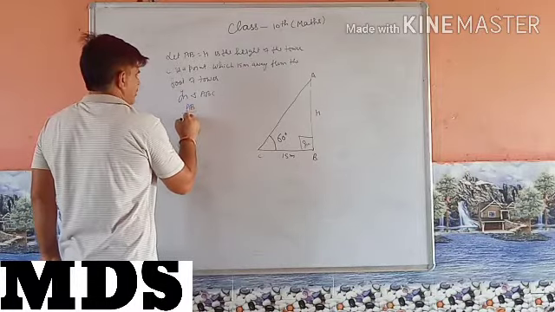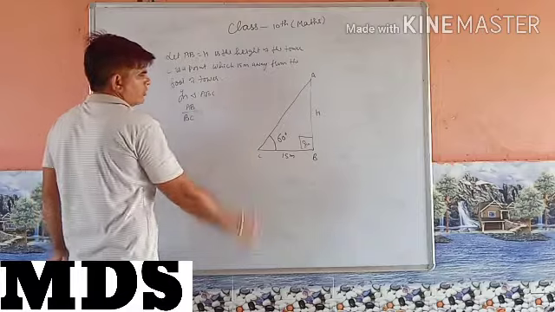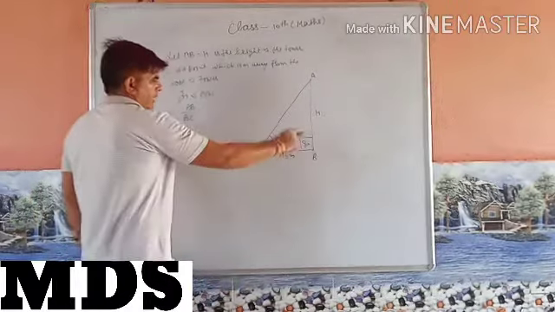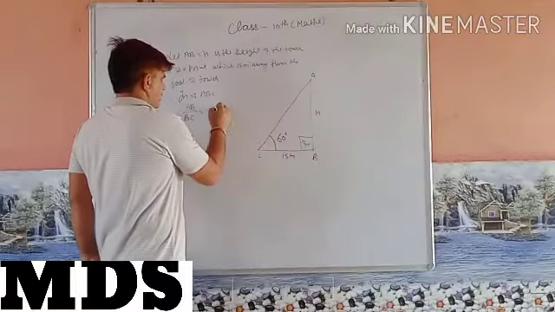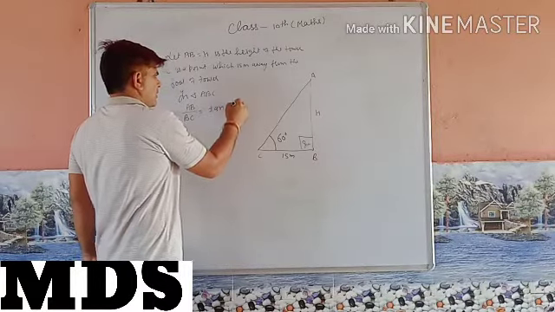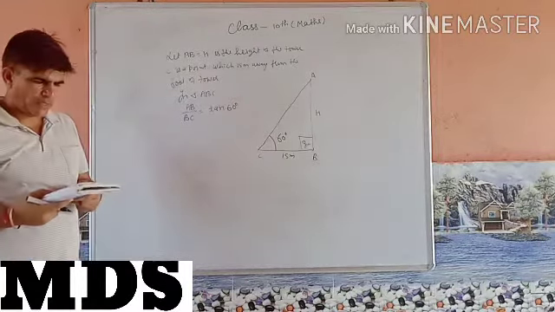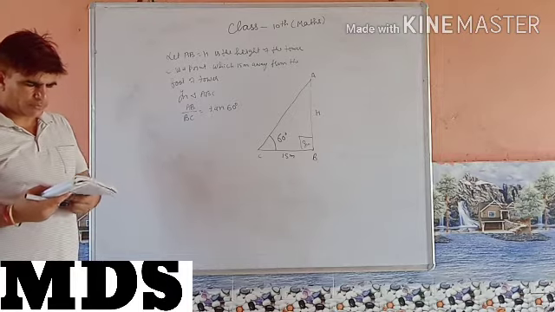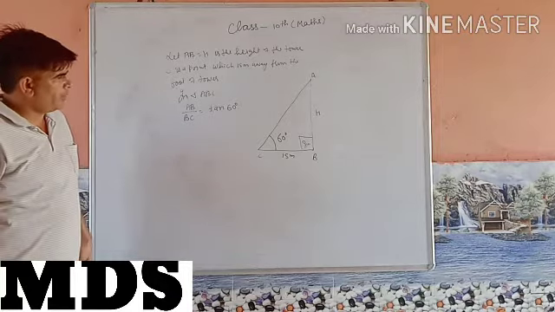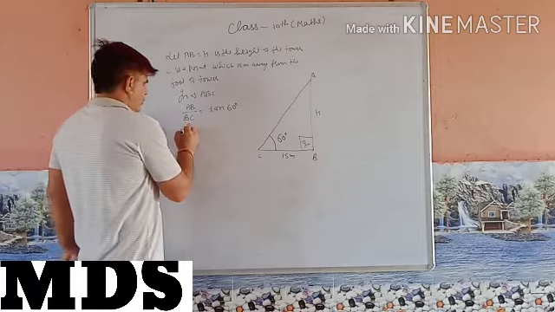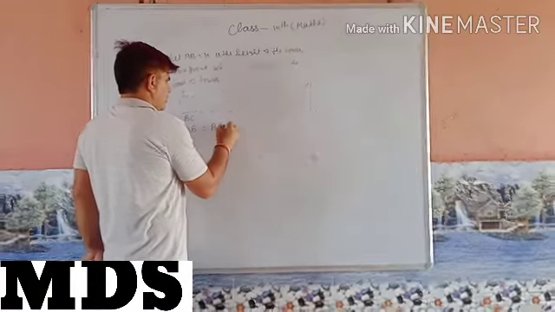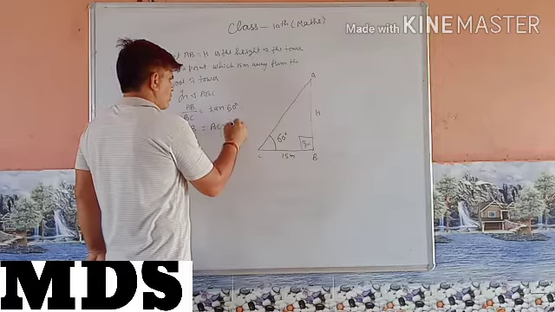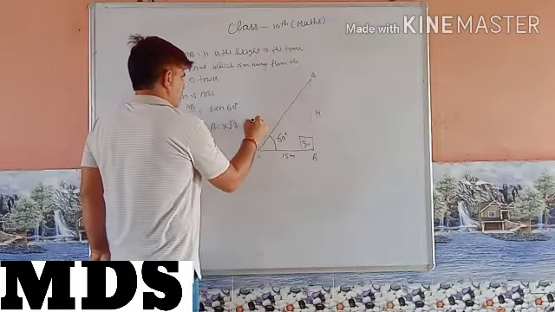AB by BC is equal to what? Perpendicular by base, tangent 60. What is tangent 60? Understood or not? And AB you have to find out is equal to BC into √3. Why?